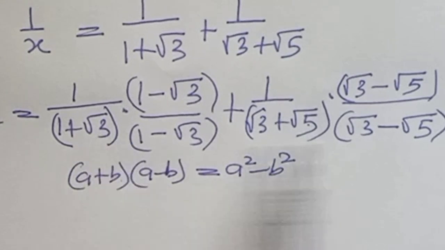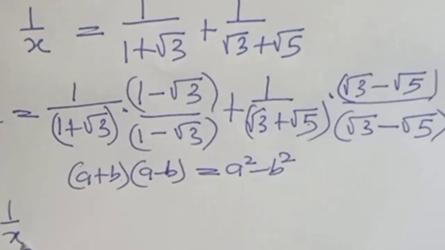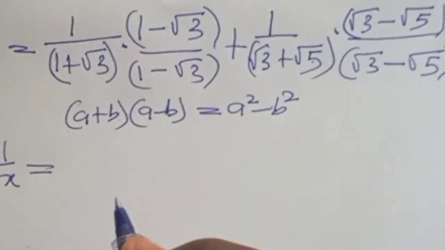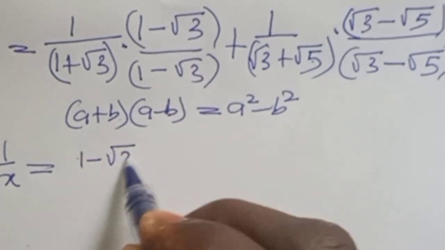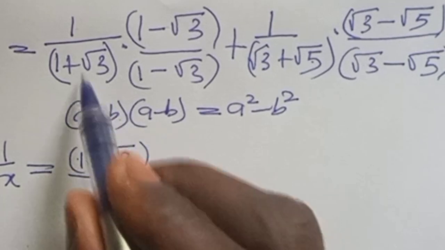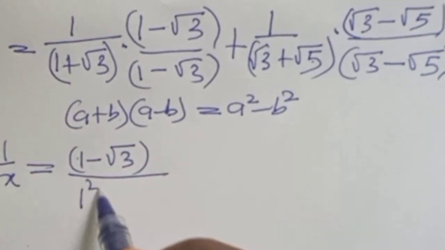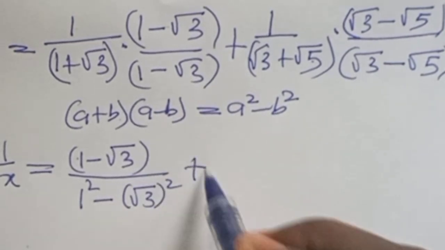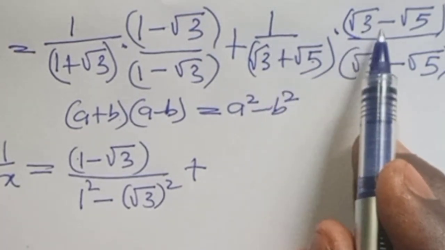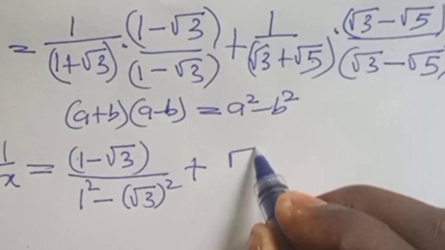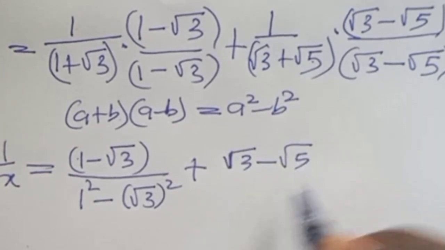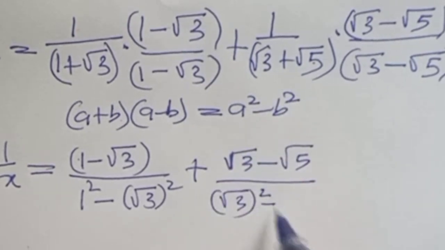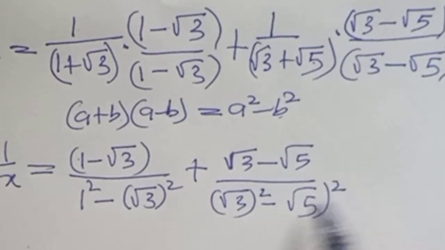So in this form, we're going to write the denominator, and 1 over s will be equal to, here 1 times 1 minus square root of 3 will be 1 minus square root of 3, all over, here a is 1 squared minus square root of 3 squared, which is b, plus 1 times square root of 3 minus square root of 5 is the same as square root of 3 minus square root of 5, all over, a here is the square root of 3 squared minus square root of 5 also squared.